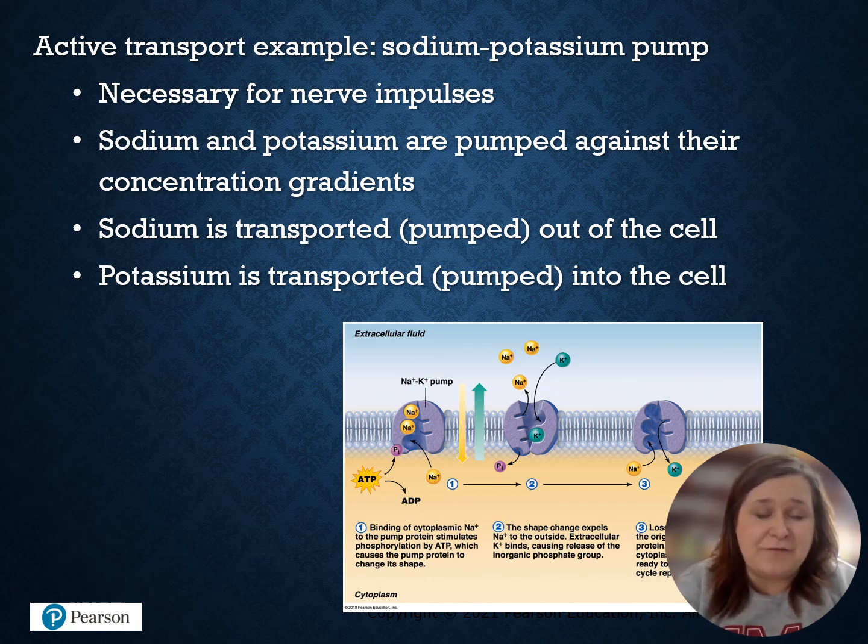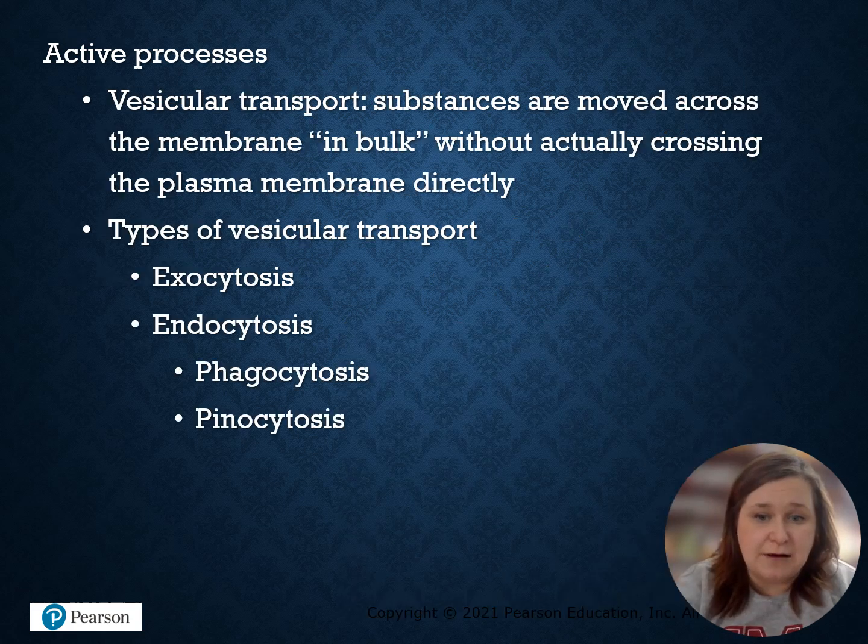This is necessary for nerve impulses. It's really important. It also has a large role in the cardiac system as well. So in this situation, sodium and potassium are going to be pumped against their concentration gradients. Sodium is going to be transported out of the cell, and potassium is going to be transported into the cell.